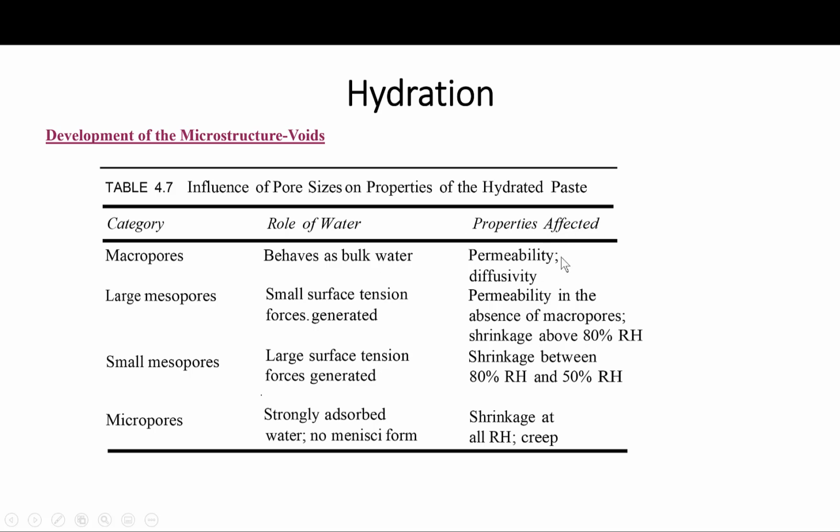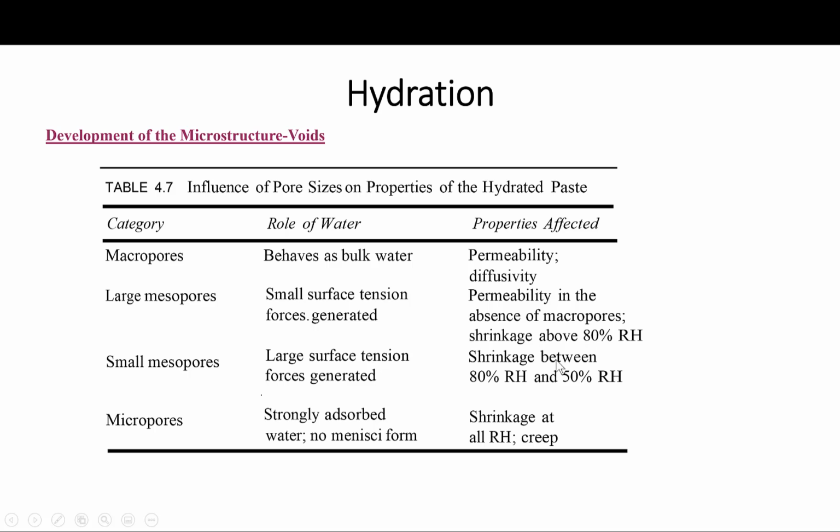The properties affected: they affect permeability and diffusivity. The large mesopores, the role of water, small surface tension forces generated. They affect permeability in the absence of the macropores, and also they impact shrinkage in the range above 80% relative humidity. The small mesopores, the role of water within these is large surface tension forces generated.